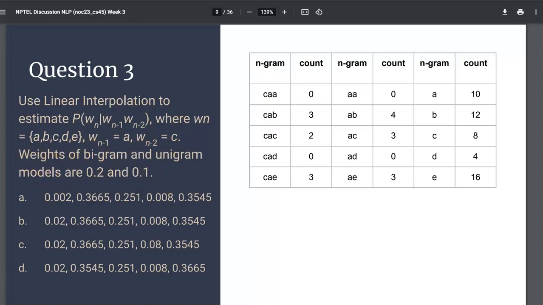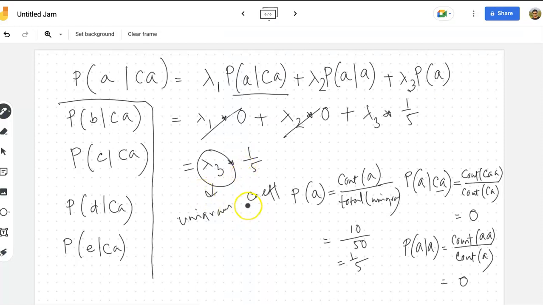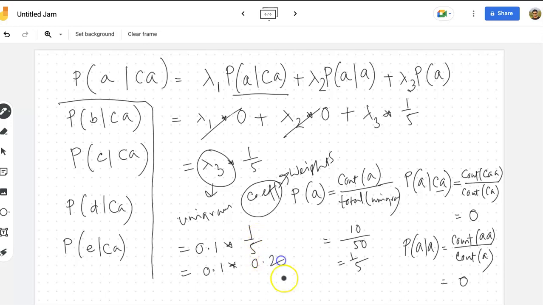So it is given, lambda 3 is 0.1. So 0.1 into 1 by 5 is 0.02. Now if you sum everything, this is the first answer.